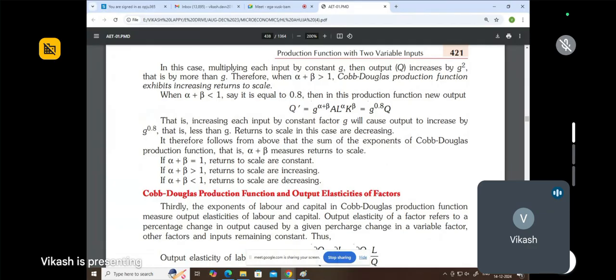This is the information given in page number 421 on how to identify the returns to scale. Write it down: page number 421, you will get the information on how to identify returns to scale.